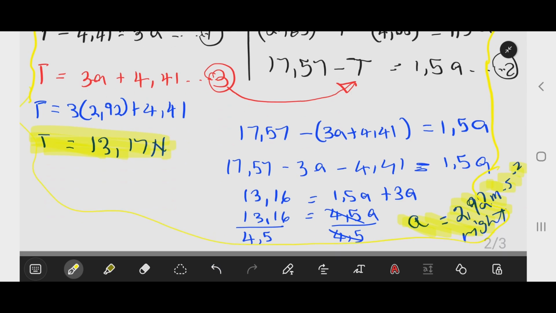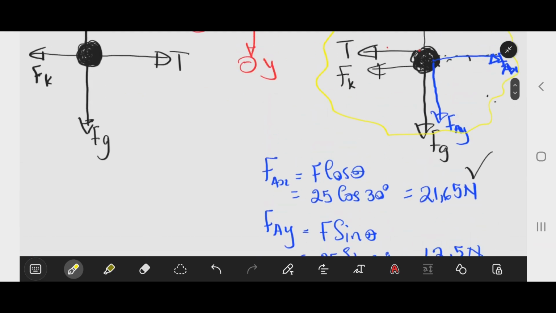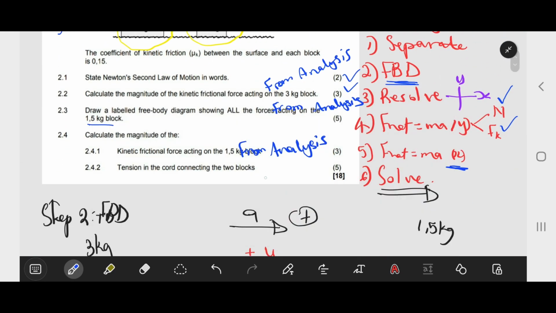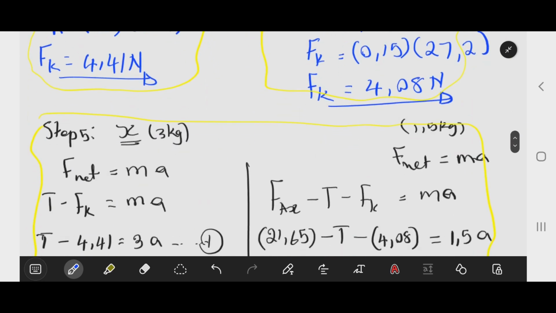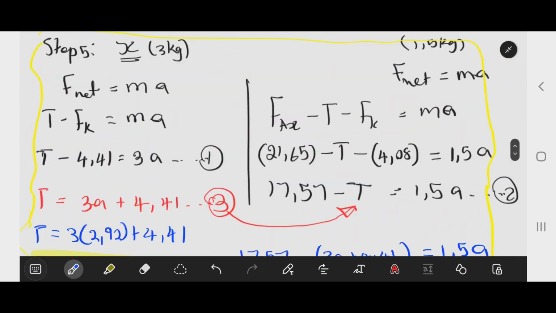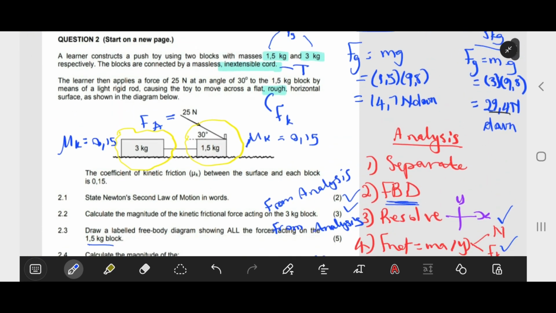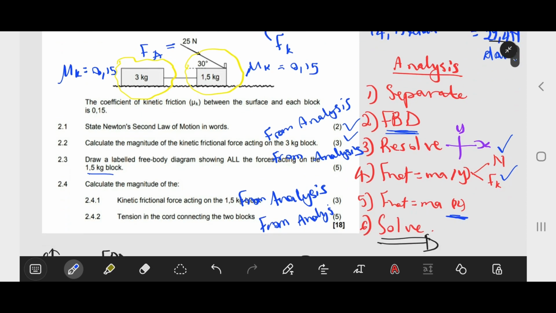Okay, so we can also say that this question, we've answered it from our analysis. So if the question further said calculate the acceleration between the two, the acceleration is also in the analysis. So you can see that the analysis has answered all the questions that they were requiring us to calculate in this question.